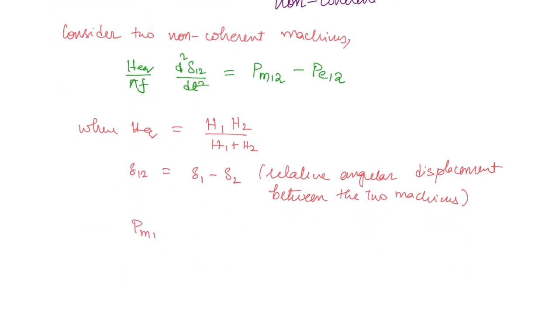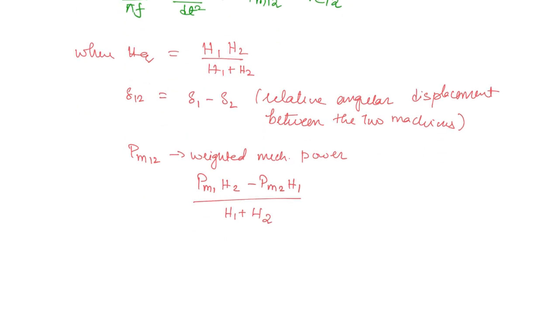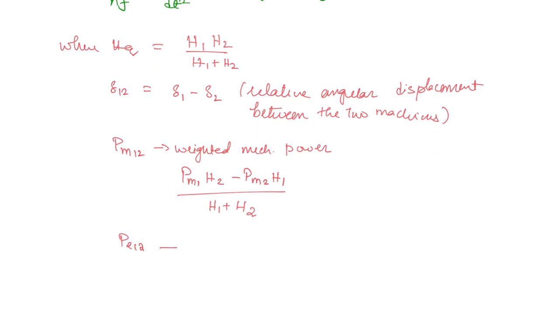And Pm12 is the weighted mechanical power. This is given by Pm1 H2 minus Pm2 H1 divided by H1 plus H2. Similarly, Pe12 is the weighted electrical power. This is given by Pe1 H2 minus Pe2 H1 divided by H1 plus H2. So this is for two non-coherent machines.